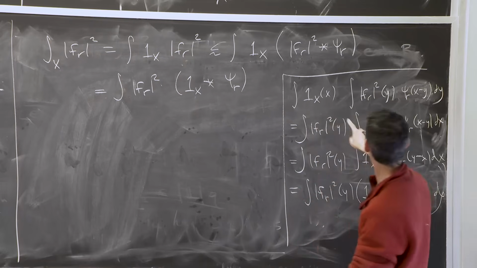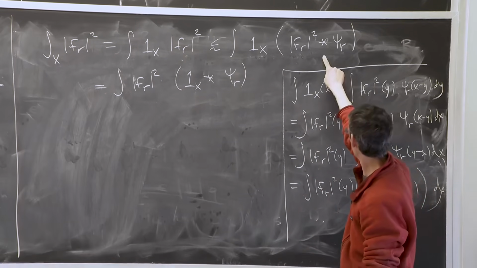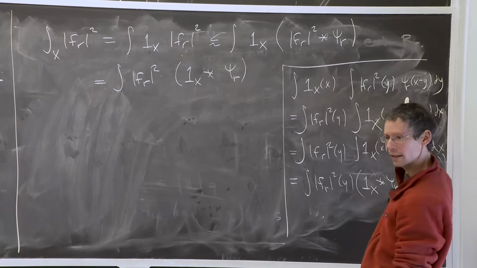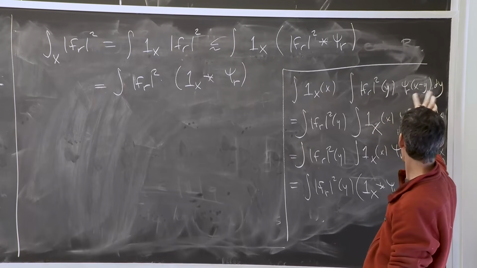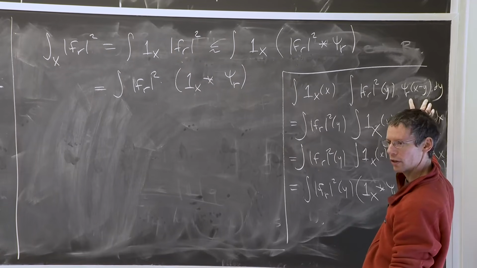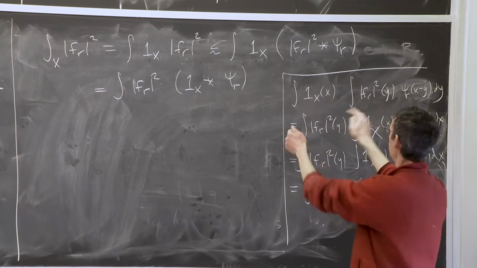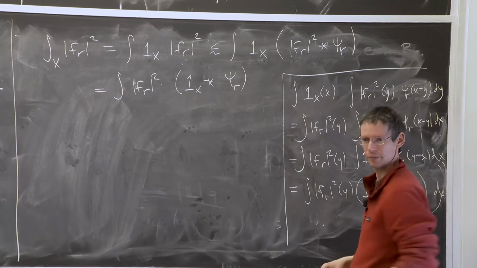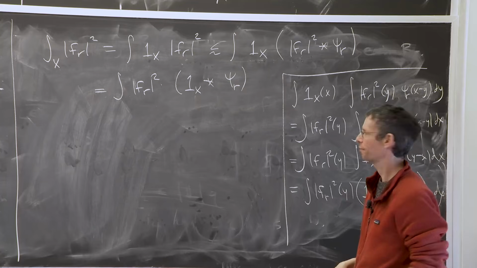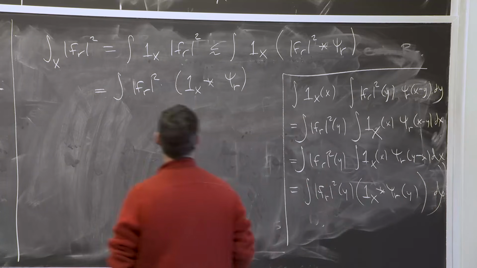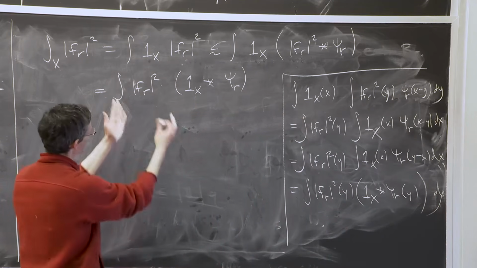I guess that's a fancy way of saying I just took this integral and I wrote it like this. And now remember that the function CR is symmetric. Now the whole thing is symmetric in exchanging these two functions. OK, cool. So now we've written it this way.